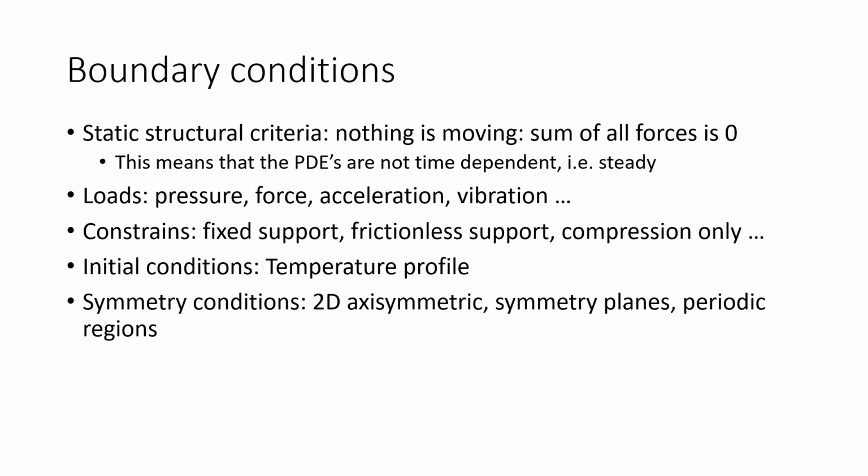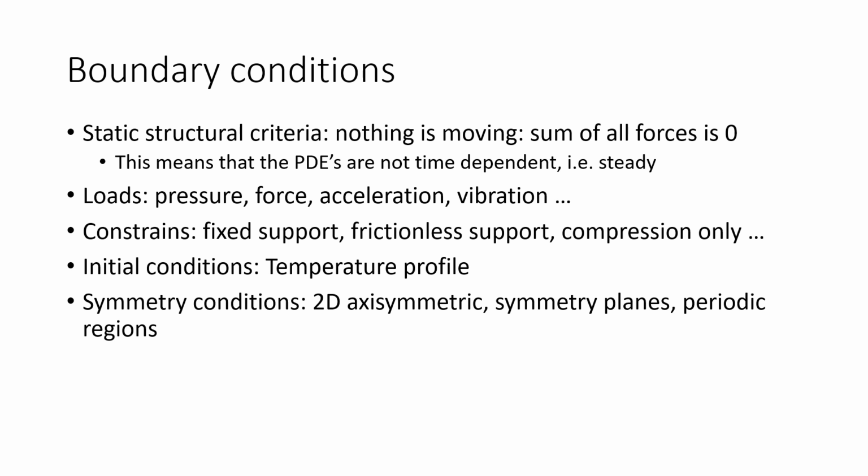Now that we have our mesh, our job is to define the boundary conditions. As I told you before, we're now only going to talk about static structural simulations. The static structural criterion is basically the defining thing about these simulations.